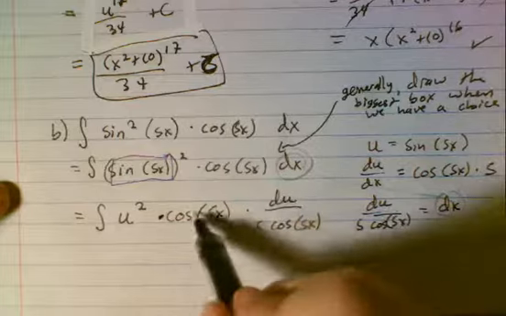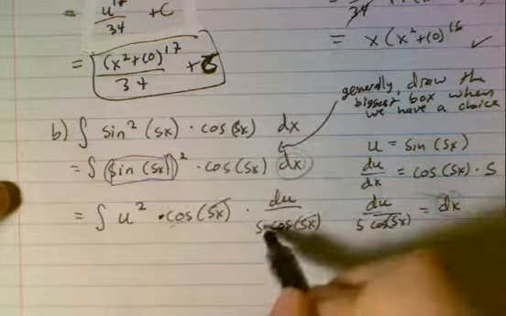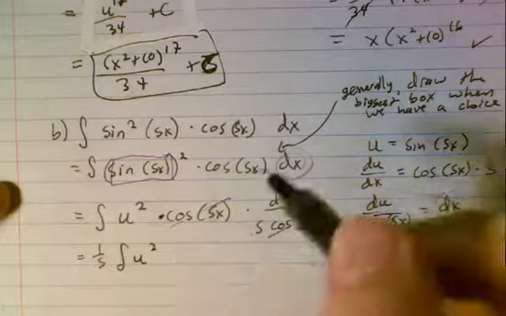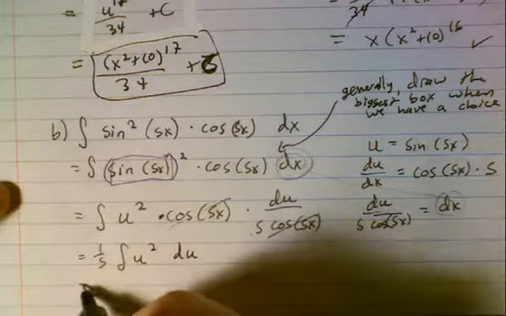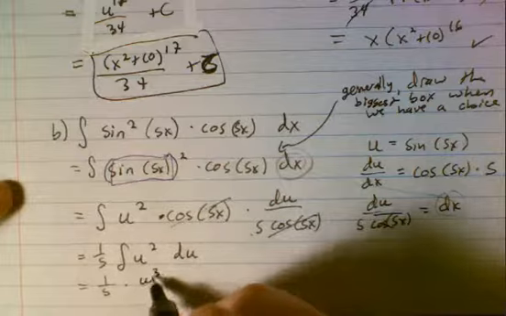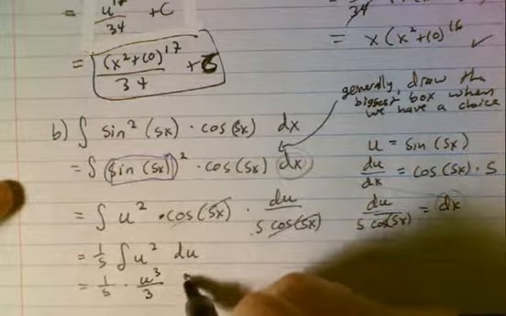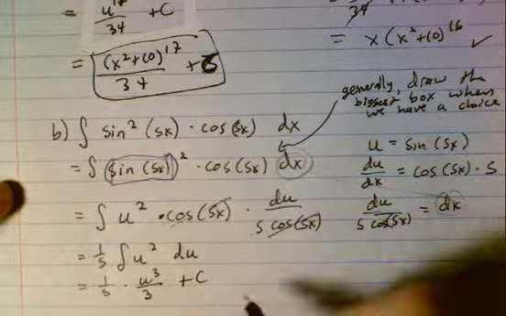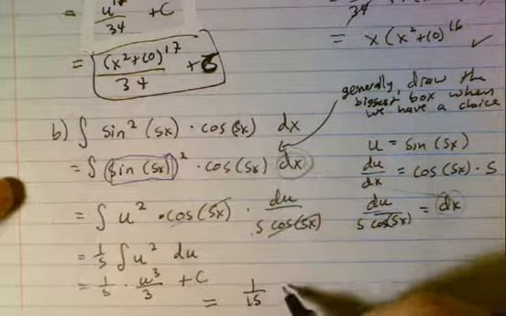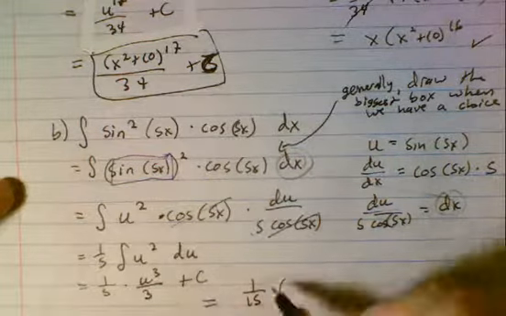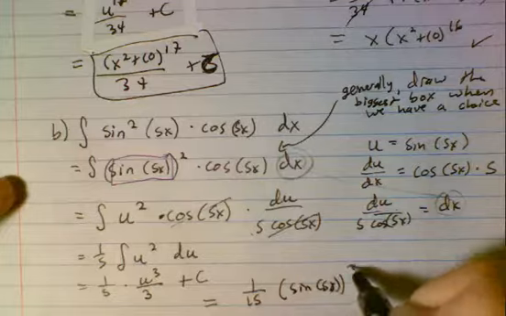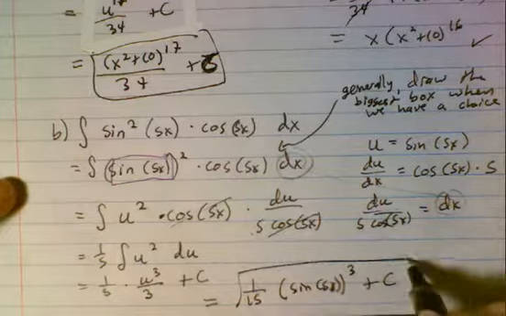Now the cosine 5x's cancel out. This is a 1/5, so we have 1/5 antiderivative of u squared du. That's going to give us 1/5, increase the exponent by 1, divide by 3 plus c. That's going to be 1/15. This u was sine of 5x, so it's sine of 5x cubed plus c.